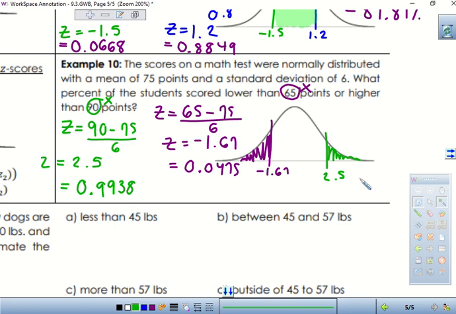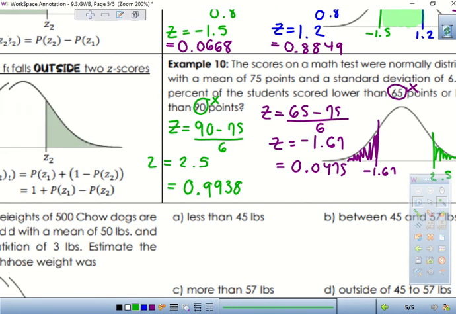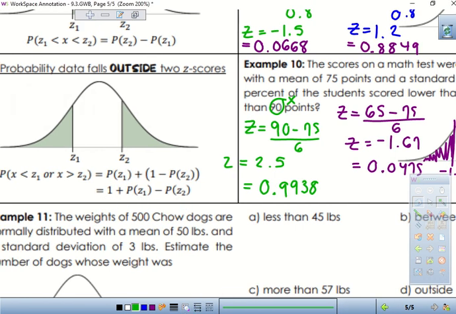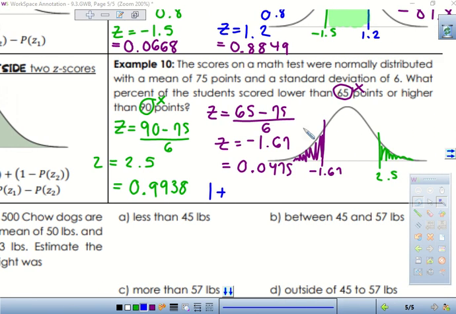Yeah. So the way we do this math, they actually give us a nice little formula for this: 1 plus p of z1 minus p of z2. Remember, p of z1 is the one on the left, which is this one right here, minus the one on the right, which is this one.